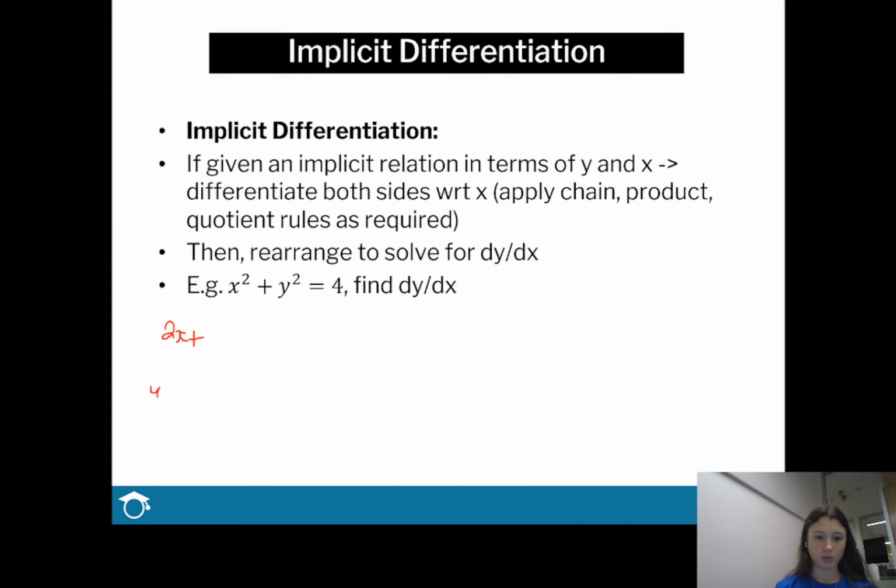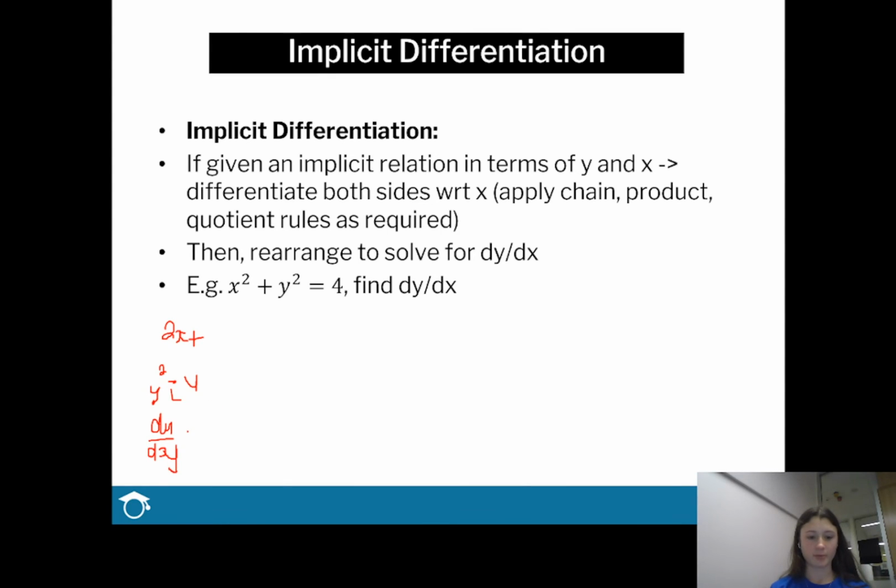If we let y squared equal u, and we find du dx, then that is going to be du dy.